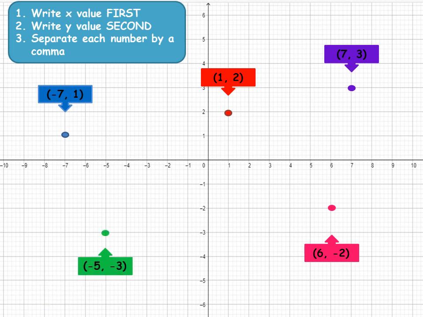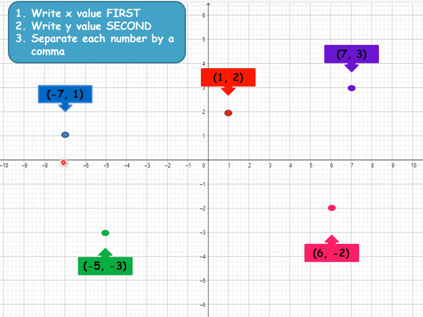Finally, this is the point -5, -3. We read the value on the x-axis first. The x-axis runs across. So that means that this is the number that best lines up with it. All right.